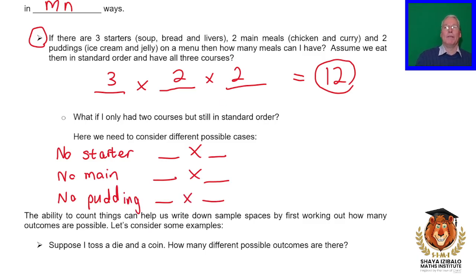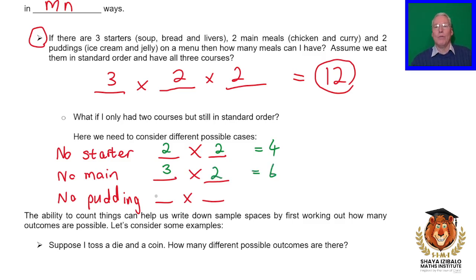And let's count how many of these there are. When we have no starter, we've got a choice of 2 mains and 2 puddings. There are 4 possible 2-course meals I can have. If I have no main course, there will be a starter, a choice of 3, and then there are 2 puddings. So that will come to 6.